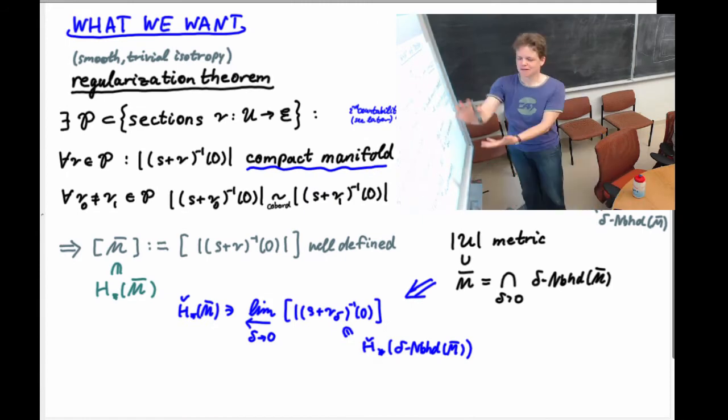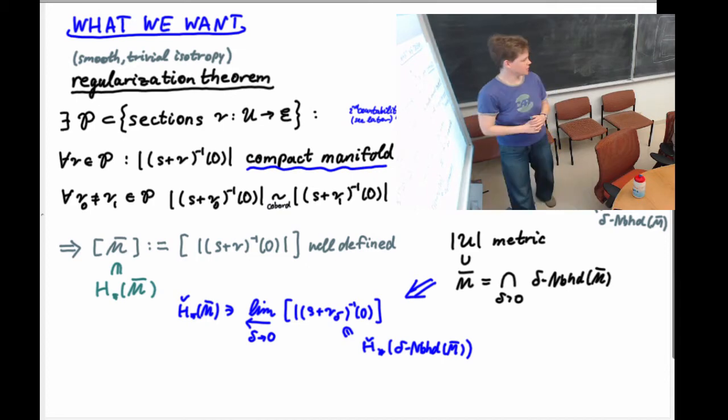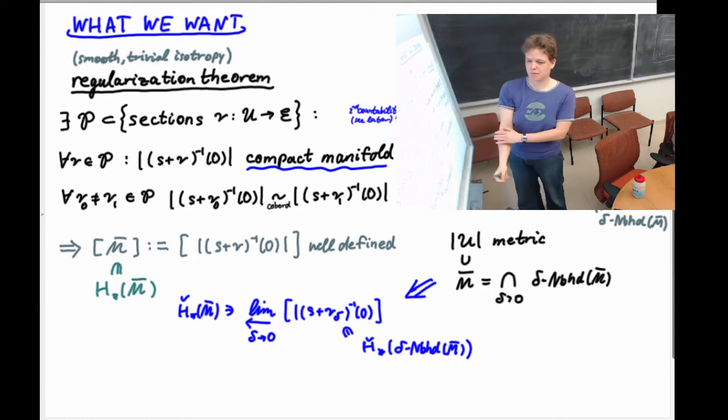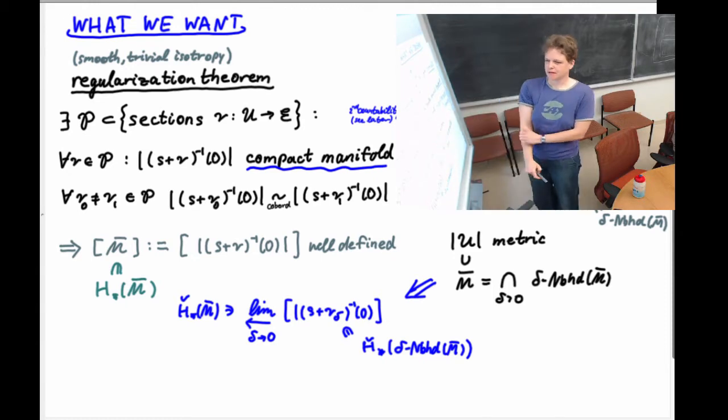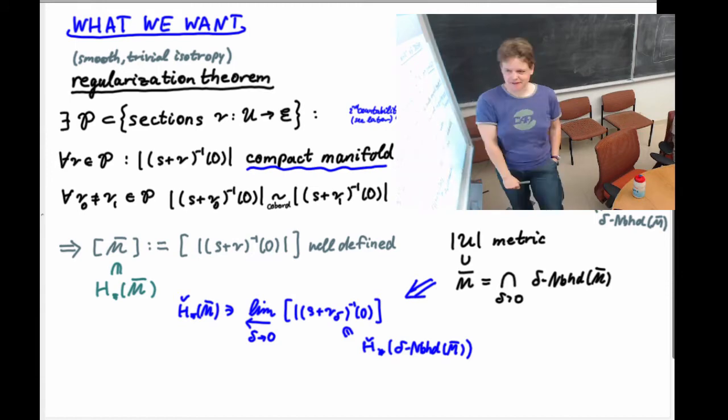So here is our sort of master regularization theorem for one bundle in finite dimensions with just one section. We would like a theory that essentially has a theorem like this.